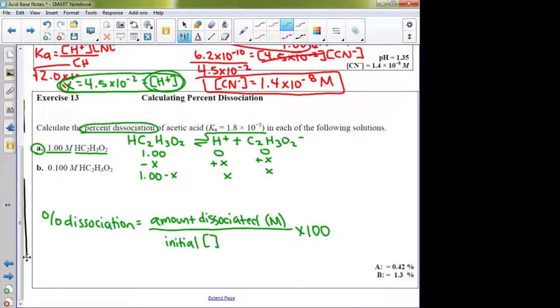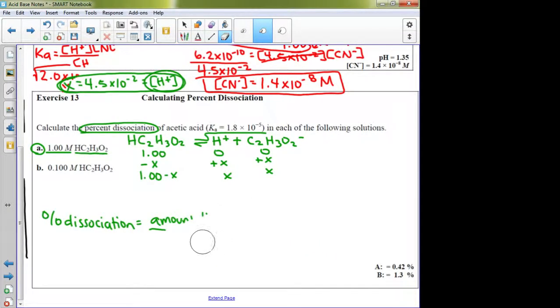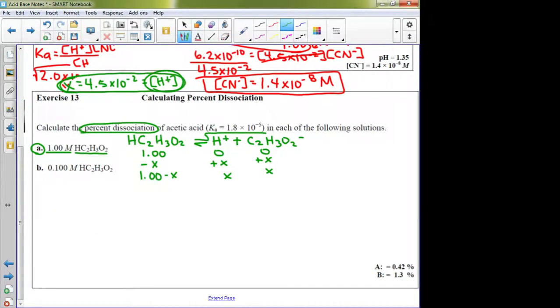Does everybody have this equation? Because I'm about to erase the percent dissociation equation. So I have room. Everybody got it? So now I set up my Ka expression.